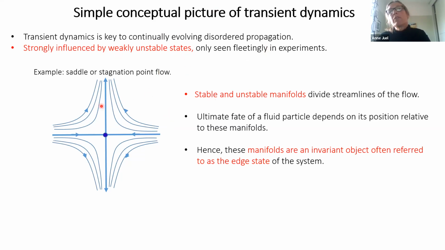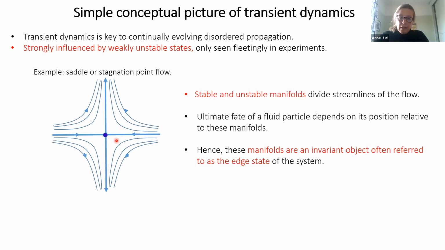So if you take, for instance, the simplest example of a weakly unstable state, it would be a saddle, or in the case of the fluid dynamical example, it would be stagnation point flow, where the stagnation point is here.